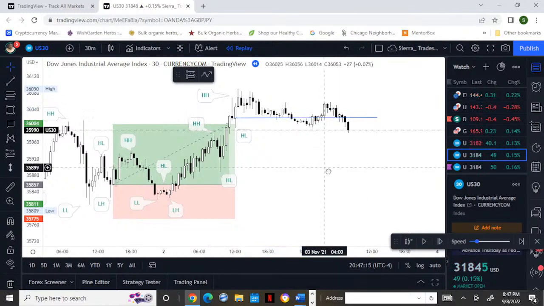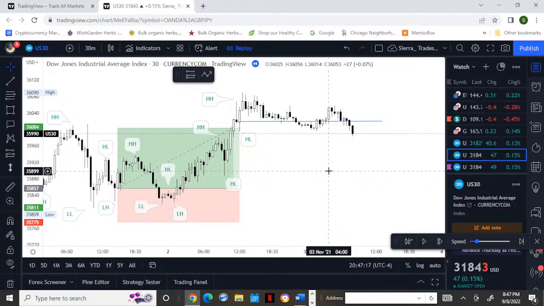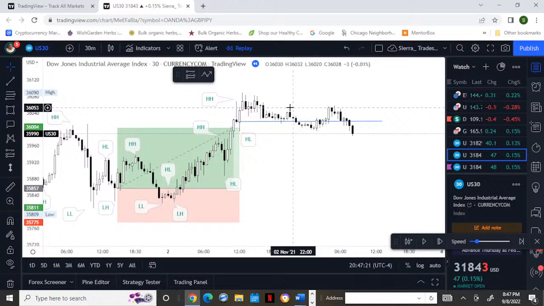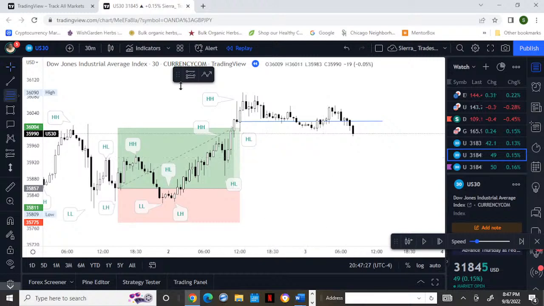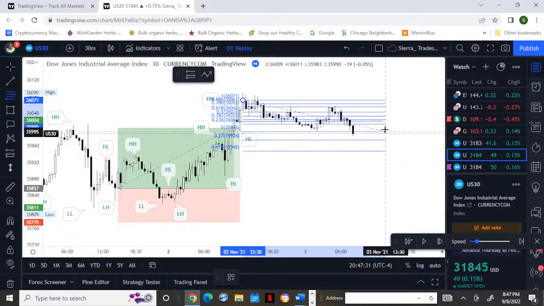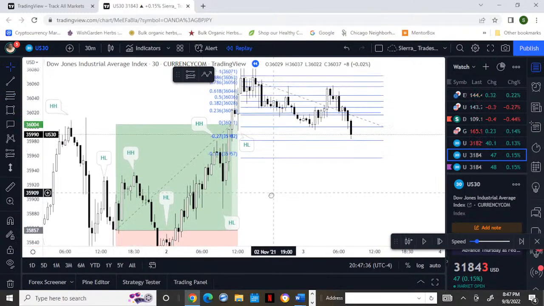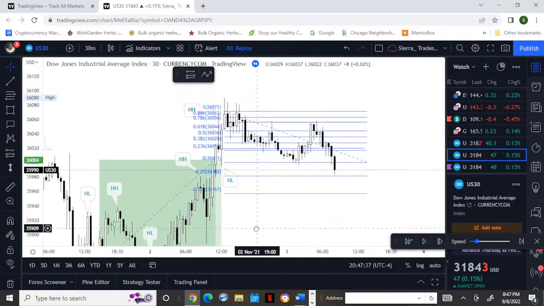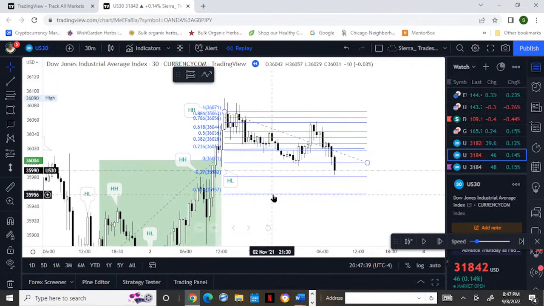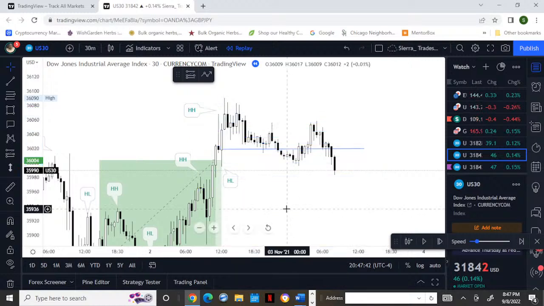All right, so from here, looks like this was a true break of structure. Price pulled back into the bearish move that broke structure. Gave a little minor fib here, here to here, that little TP. So let's mark this real quick.